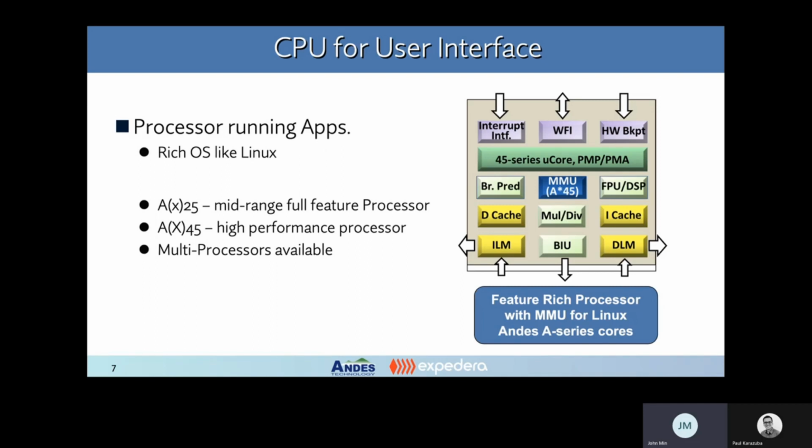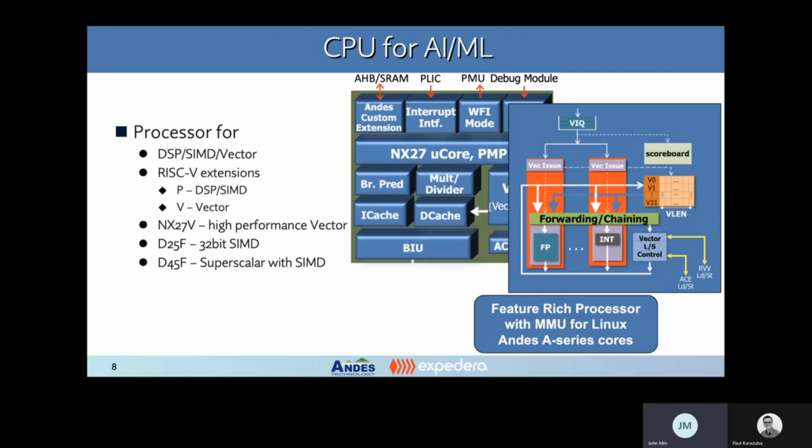And moving on, the next point is the user interface. If this is a device that interacts with end users, we now have richer processors that could run Linux or a rich operating system that could give you a graphical user interface, and a processor can do that.